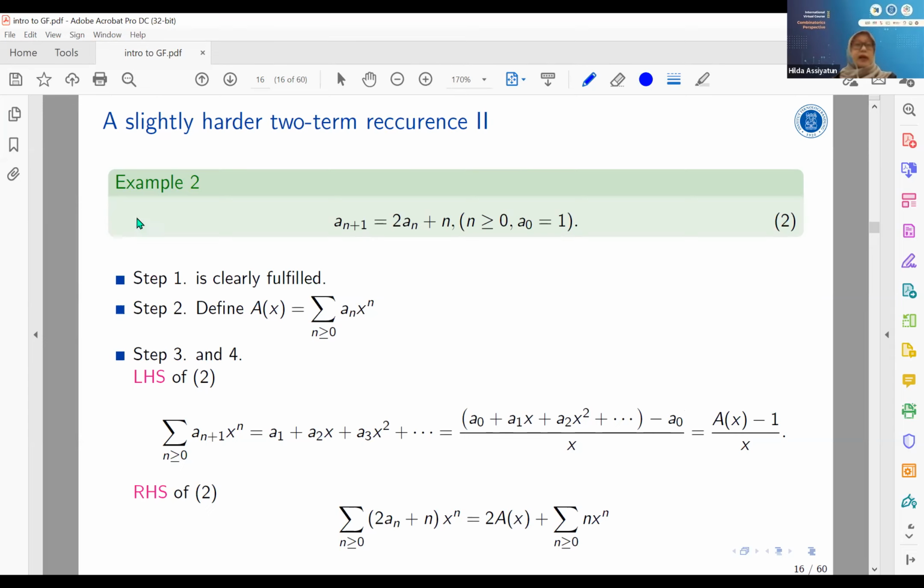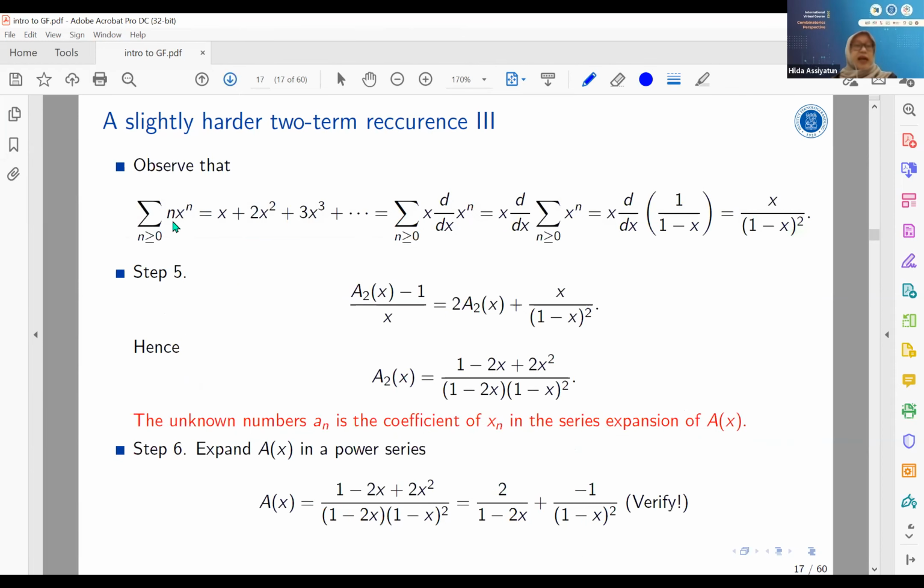Let's look at the second term. Here we have n x to the n. If we take out x from all the terms, we will have 1, 2x plus 3x squared, and so on.